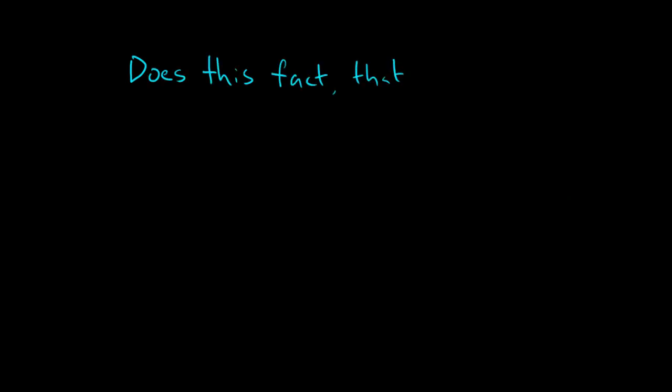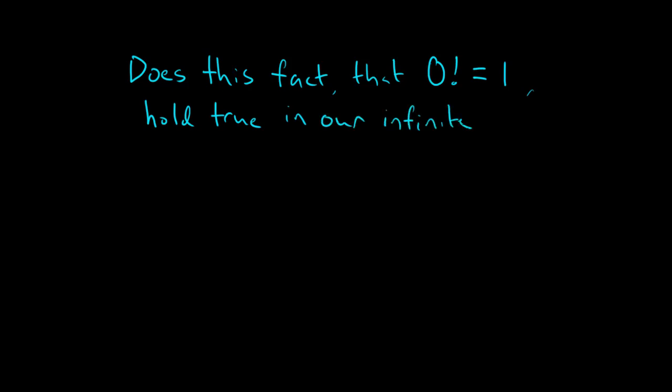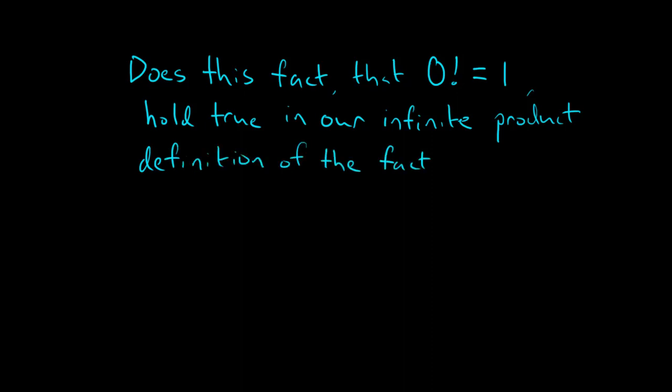So, does the fact that 0 factorial is defined as being equal to 1 hold true in our infinite product definition of the factorial function? If it does, then we should be reasonably convinced that what we're dealing with really does fully model all the attributes of the factorial. Well, let's look at this.